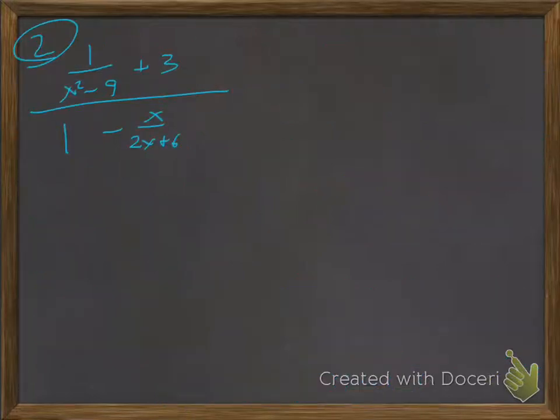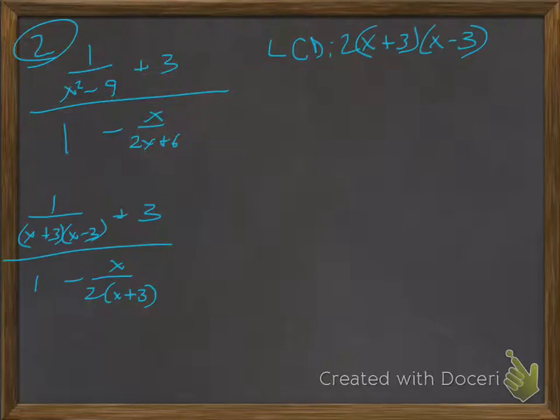Okay, so here's one for you to try on your own. Go ahead and pause it, and I'll work it out doing method 2, and then you can check your answer that way. Okay, so I've factored the denominators here and found my least common denominator, which is 2 times x plus 3 times x minus 3.